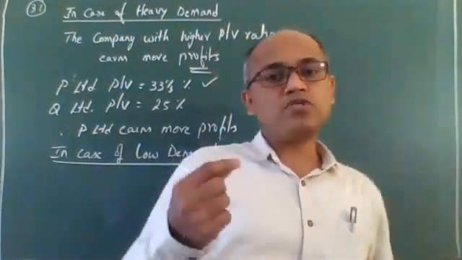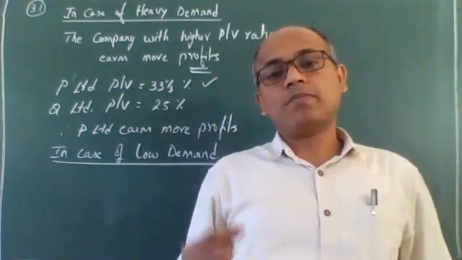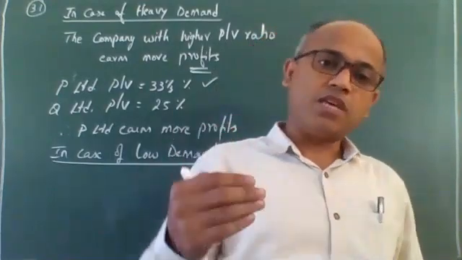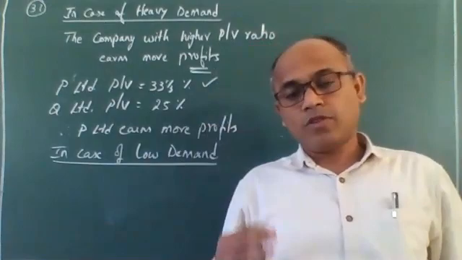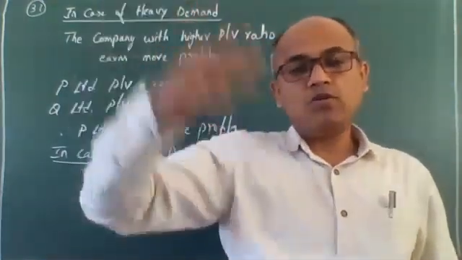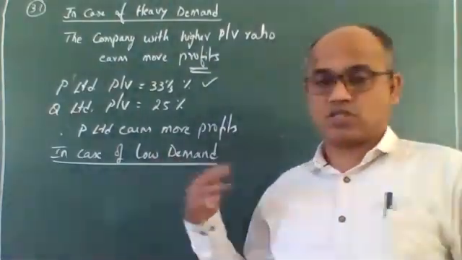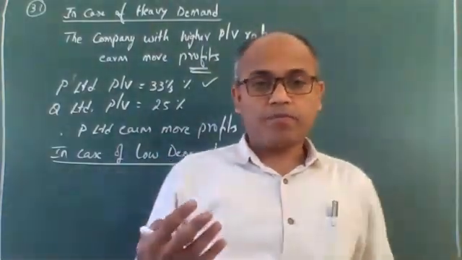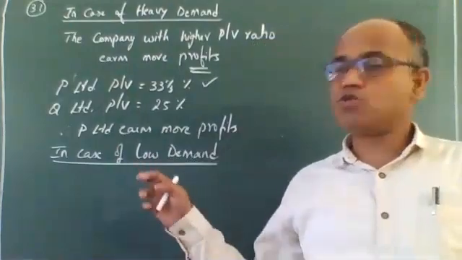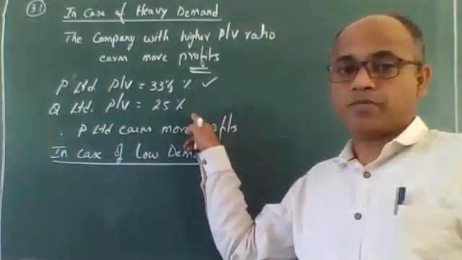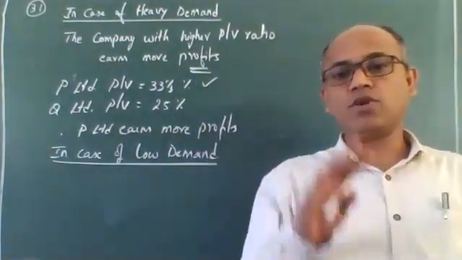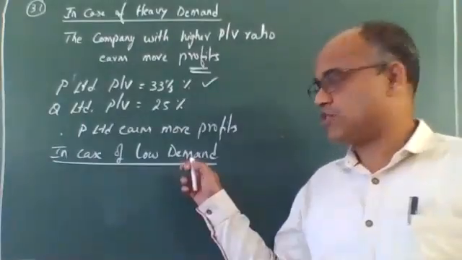Attaining that position is very important, because as long as you are not at the break-even point, you are in the loss zone. Once you cross the break-even point, you fall into the profit zone, correct? So who will earn more profits in case of low demand? You should not see the contribution percentage, you should see the break-even point. That is going to make the decision here.